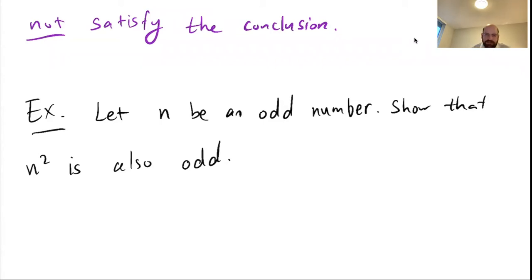Please remember again, each conditional statement has an assumption. So how do we know what the assumption is? The assumption is the part that comes after the word if, or after the word let in this case. The assumption is that n is an odd number, and then the conclusion is that n squared must also be odd.